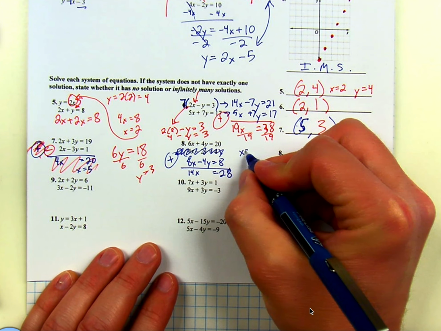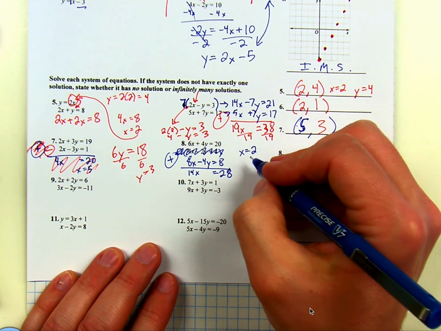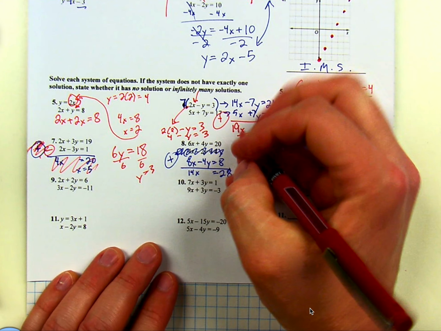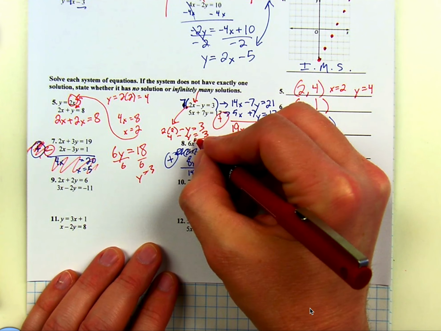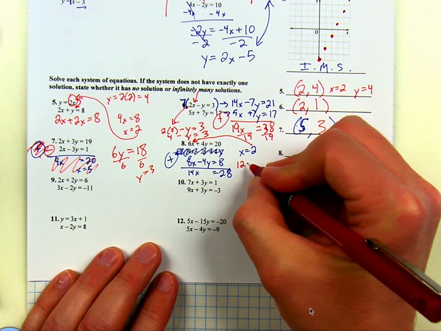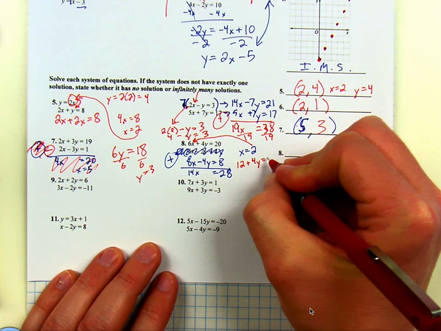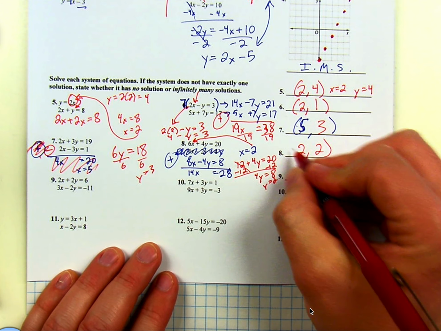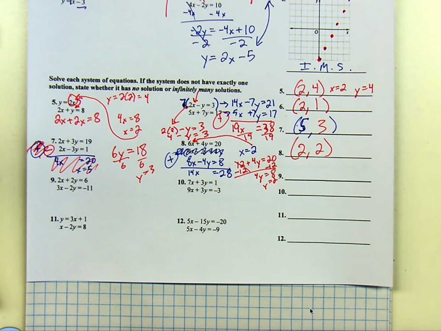I get x equals 2. And if x equals 2, how am I going to figure out the rest? What's 6 times 2? 12. 12 plus 4y equals 20. y equals 2. So your solution was x equals 2, y equals 2 on number 8.